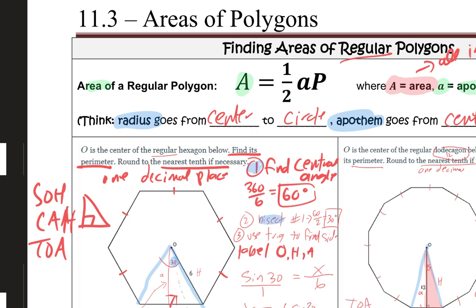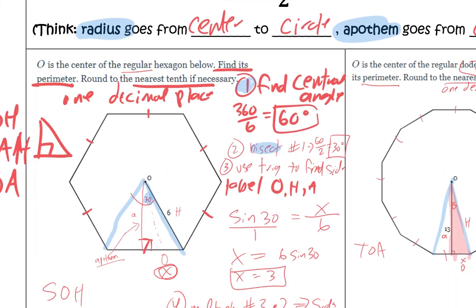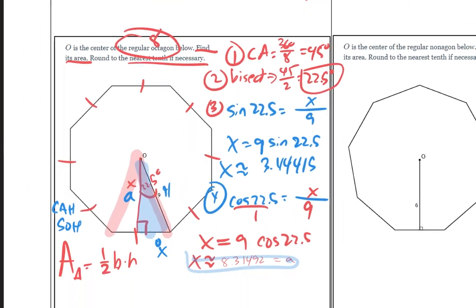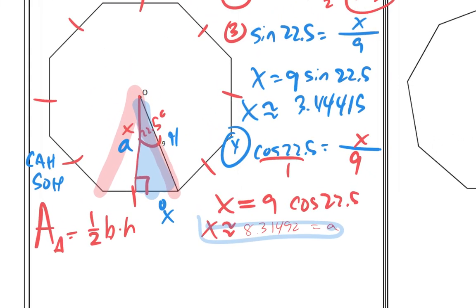So we could do it like that, or we can think of it a different way. Remember we said it doesn't matter how we do it as long as we get the same right answer. So we could find the area of this triangle, then multiply it times 2 to find that, and then multiply that times 8 to get the whole thing.